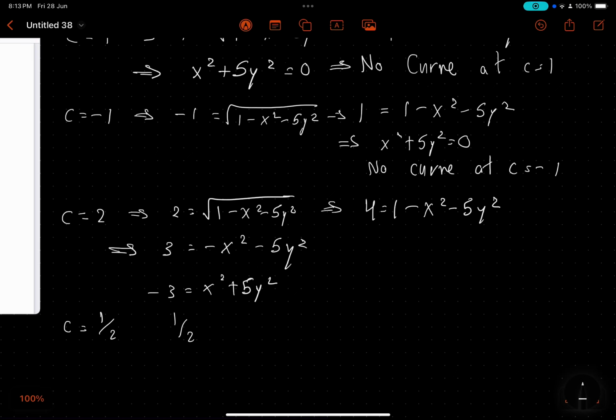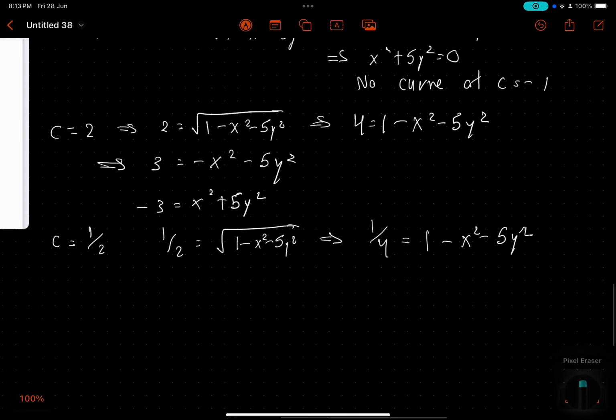So 1/2 equals the square root of 1 minus x squared minus 5y squared. Now if we square 1/2, we get 1/4 equals 1 minus x squared minus 5y squared, which gives us negative 3 over 4 equals minus x squared minus 5y squared. And what is this basically? This is x squared plus 5y squared equals 3 over 4.